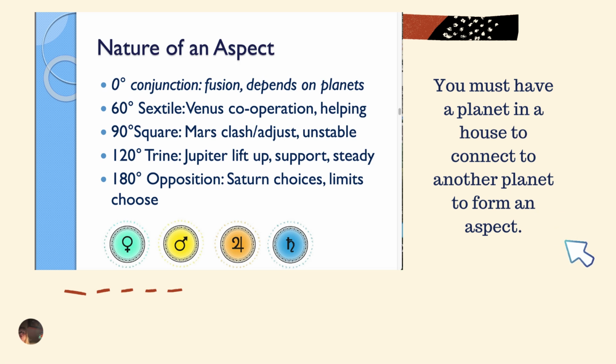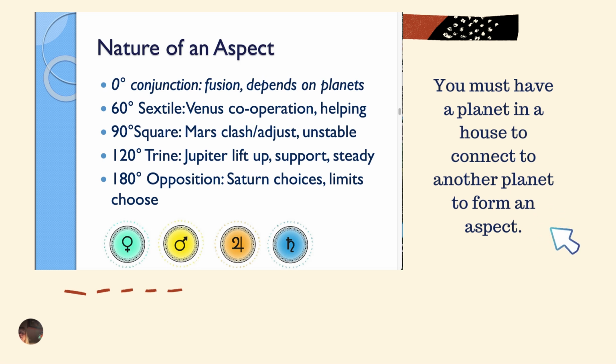There's going to be some sort of difference that they have to adjust to and agree to. So a square is not a great aspect. It's an aspect that you will have to work at to bring good out of it, but you absolutely can bring good out of a square.